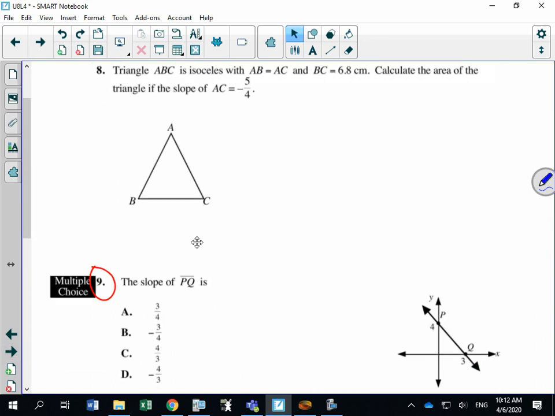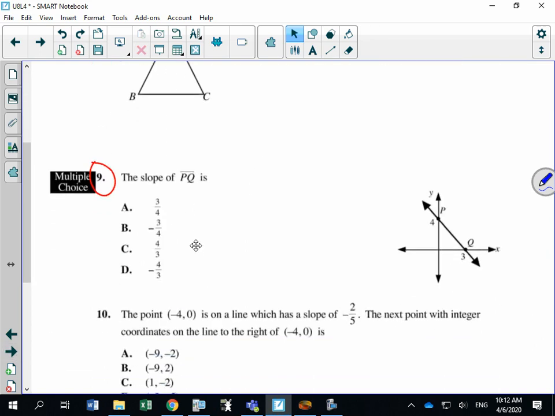The other question that I want you to do is find the slope of line segment PQ. So again, how would we do that? Slope is equal to the rise over the run. You only need 2 ordered pairs in order to get your slope.